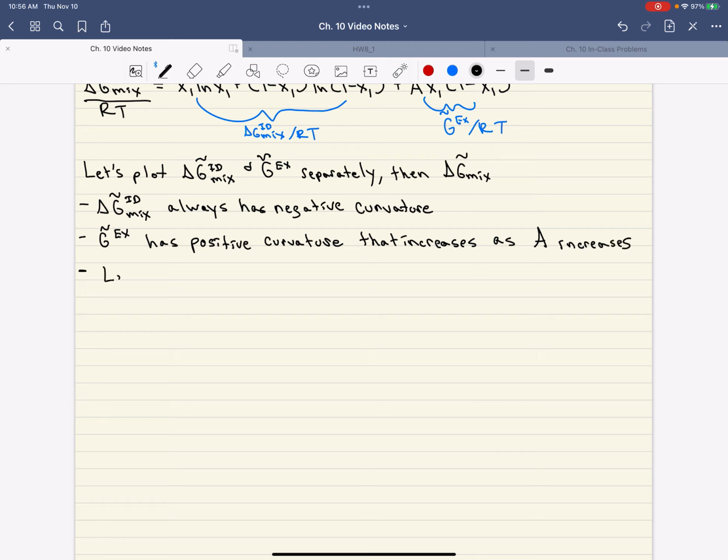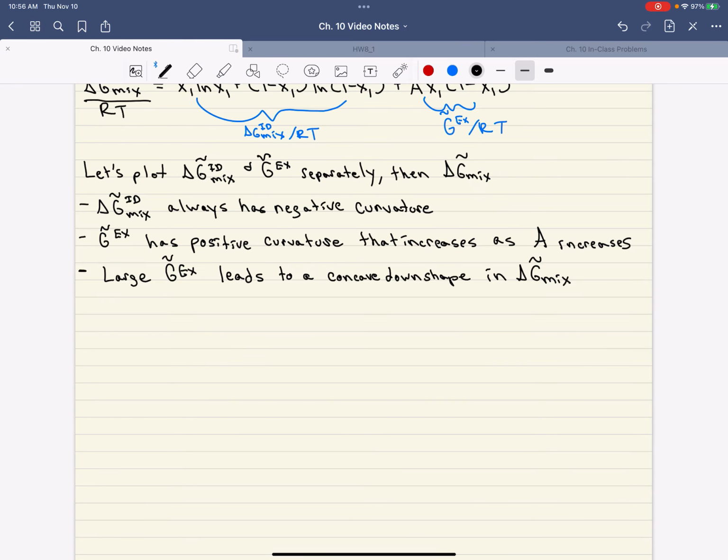And then if the excess molar Gibbs energy is large enough, what we see is the appearance of a concave down shape in our overall delta G of mixing.